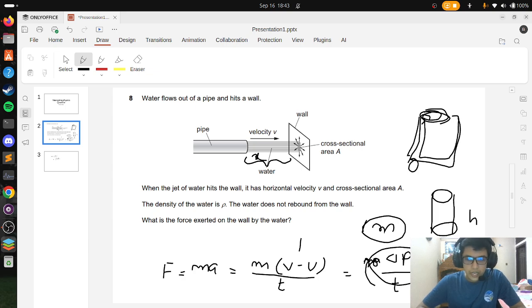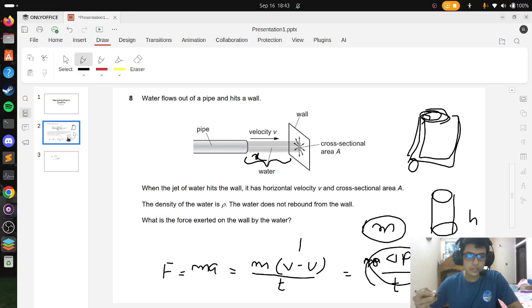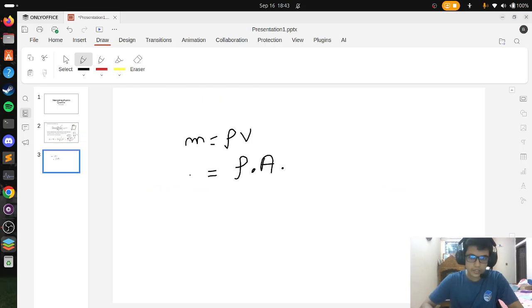So we can solve this problem in a different way. It covers distance x, which means the volume should be A times x. So we got our volume. So mv by t.